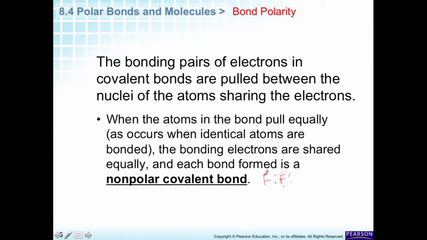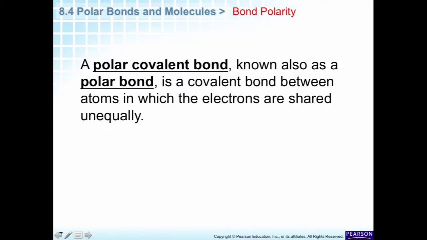They have the same electronegativity, so they equally want the electrons. It's like a tug of war that's equally pulling apart. So nonpolar covalent bonds are usually diatomic molecules such as this, but sometimes you'll find some things that are very, very close in electronegativity, so they pretty much are nonpolar covalent bonds.